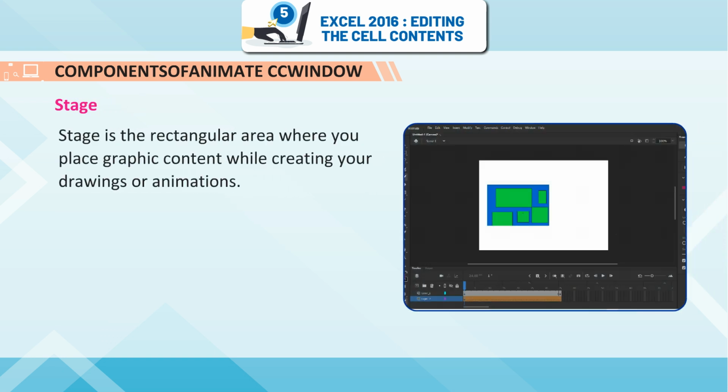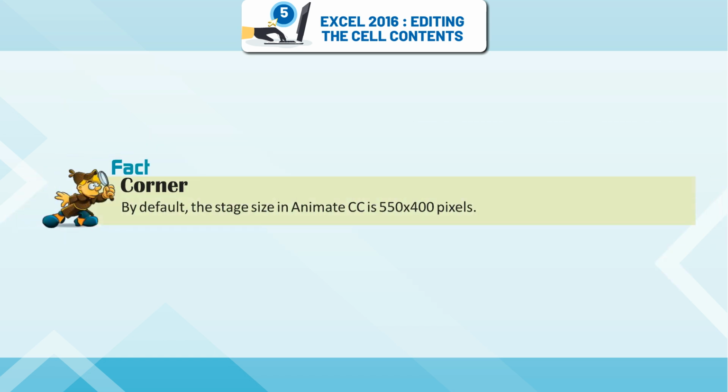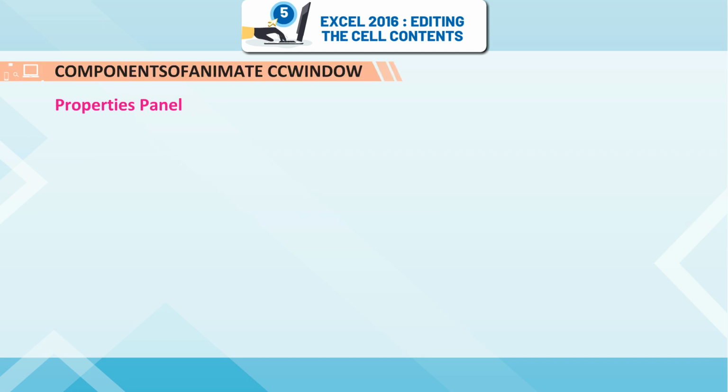Stage. Stage is the rectangular area where you place graphic content while creating your drawings or animations. Fact Corner. By default, the stage size in Animate CC is 550 x 400 pixels.